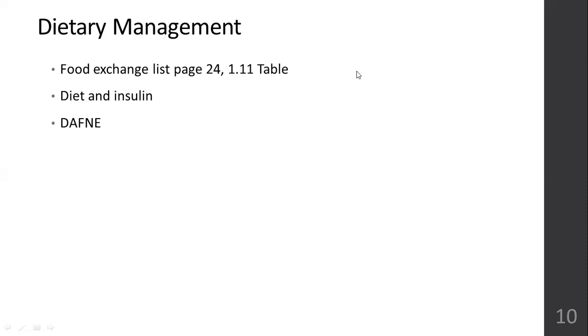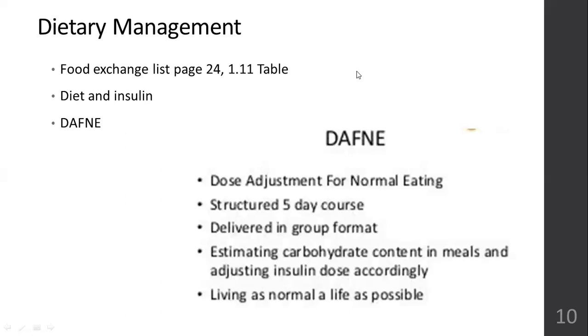Then you have the Daphne diet. Daphne is dose adjusted for normal eating. Again, Daphne is especially for people who are on insulin, and you are adjusting the dose of insulin so that you can have as normal a life as possible, because you don't want your family to sacrifice a lot just because a person is diabetic.